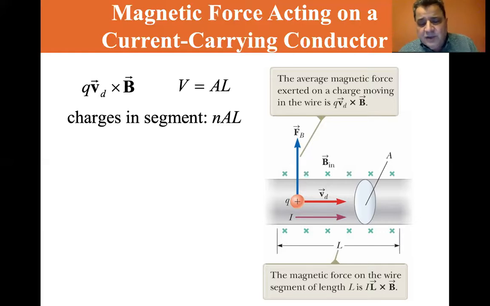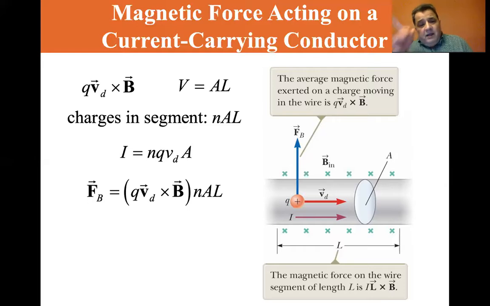So the number of charges per unit volume times that volume will give you the total number of charges in the segment. So recall that the current is equal to the number of charges per volume times the charge times the drift velocity times the area.